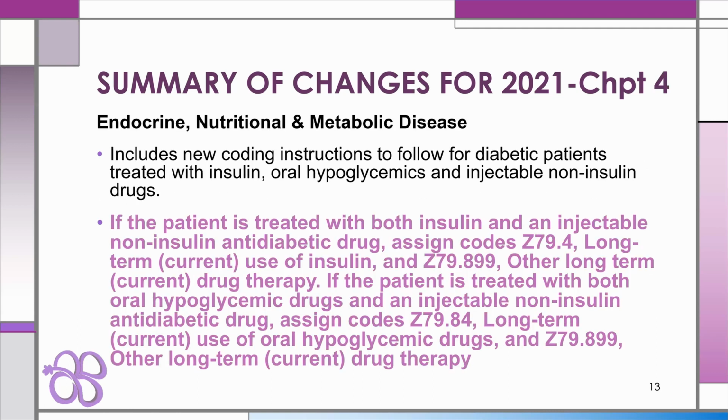Chapter 4, the endocrine chapter. These include new coding instructions to follow for diabetic patients treated with insulin, oral hypoglycemics, and injectable non-insulin drugs. So what it says now is if the patient is treated with both insulin and injectable non-insulin diabetic drugs, assign codes Z79.4, long-term current use of insulin, and Z79.899, other long-term drug therapy.